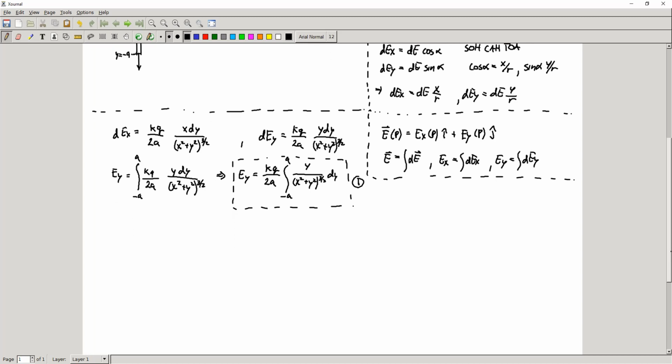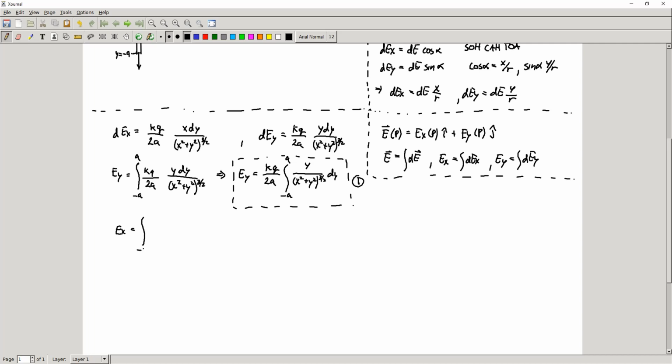And let's set up the second one. We're going to have an Ex. And again, we're still integrating from minus a to a in the y direction. This integral will look like kq over 2a x dy over (x squared plus y squared) to the 3 over 2 again. And we can again factor out anything that will just pass through the integral.